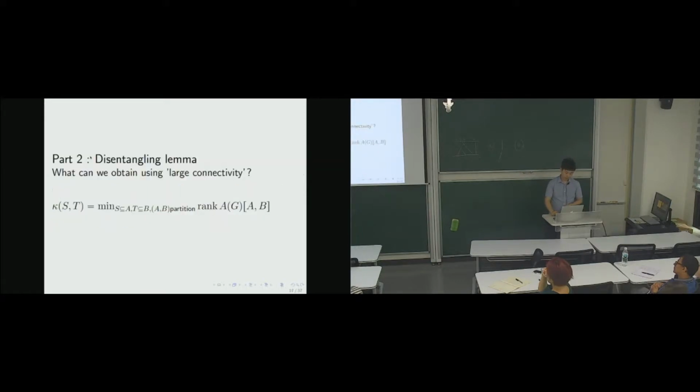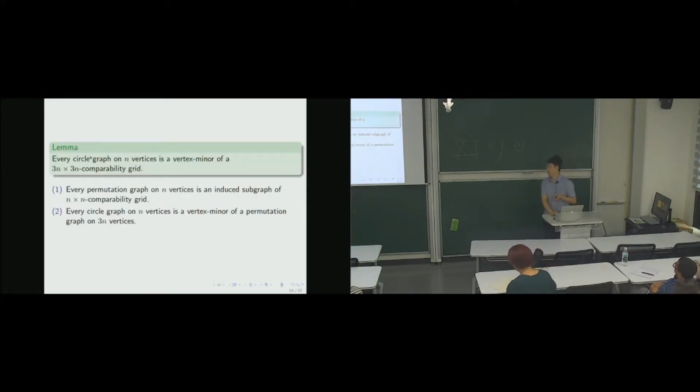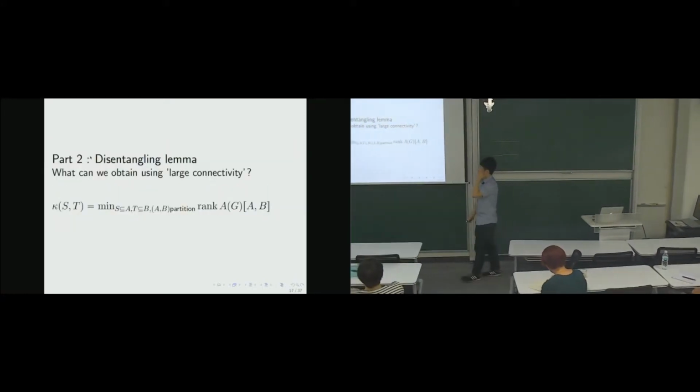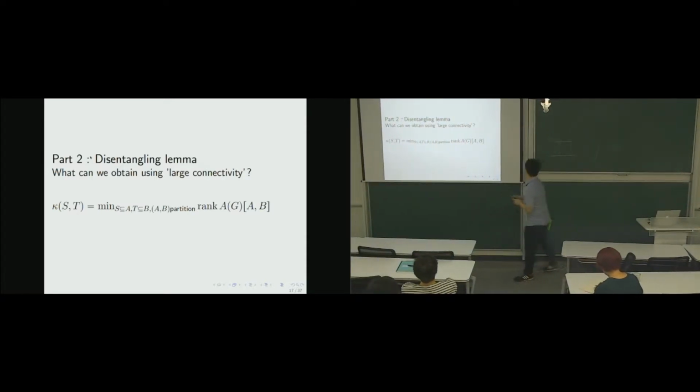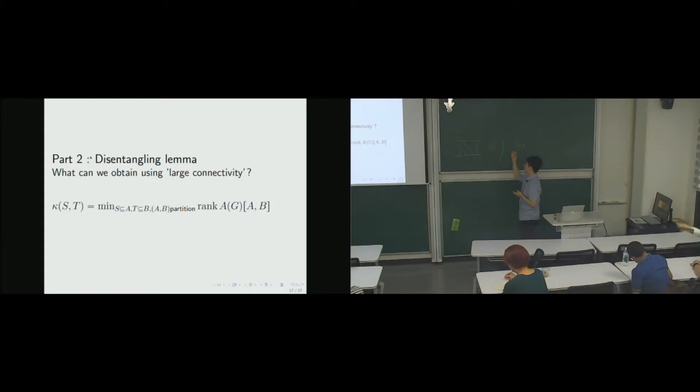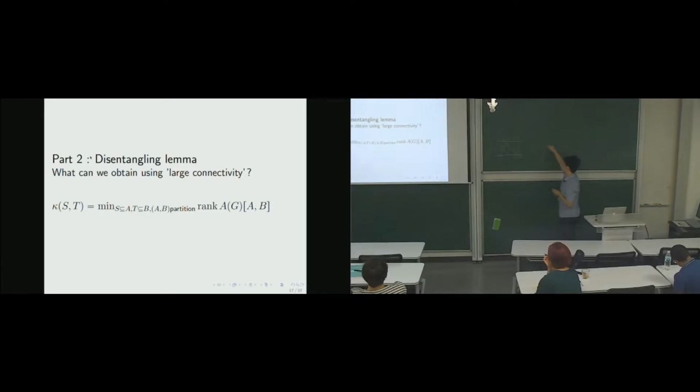So I want to go to the second part. Is there some more question? Yeah. So the second part is that we want to describe something between two sets, S and T, where we have a large connectivity between them.